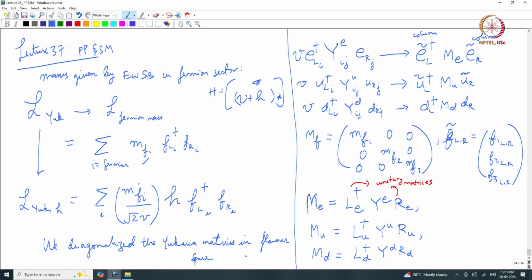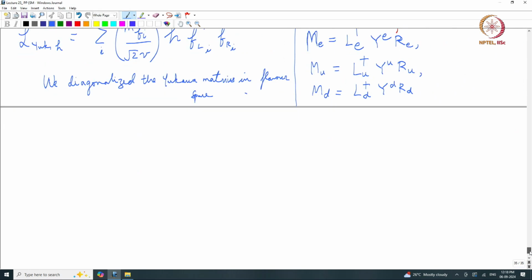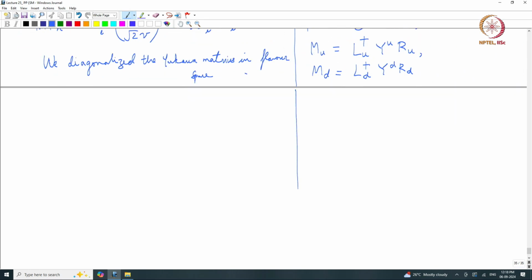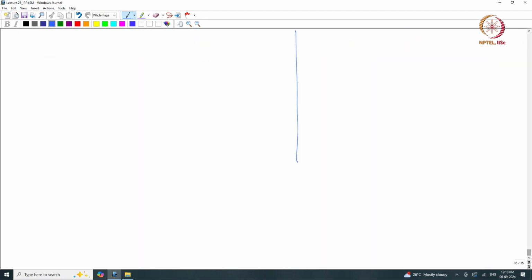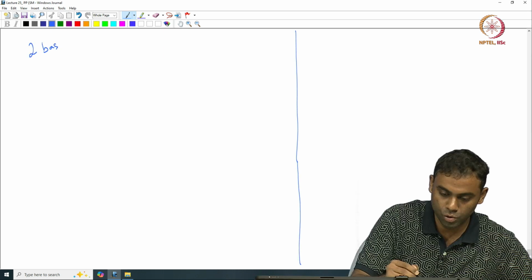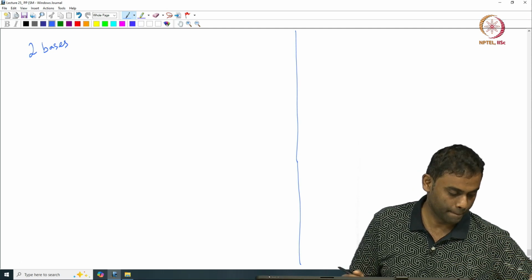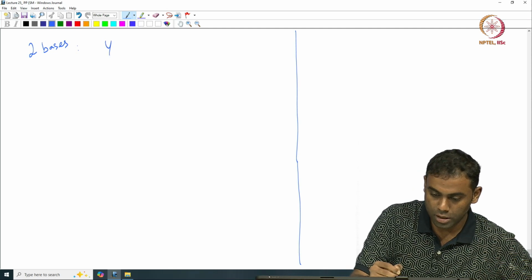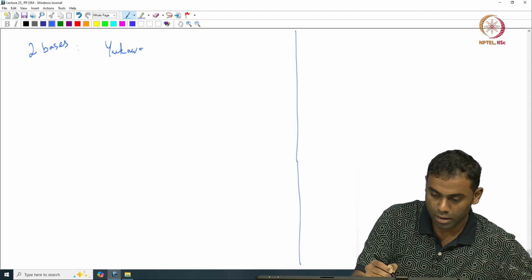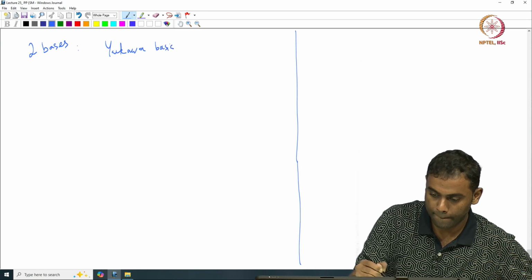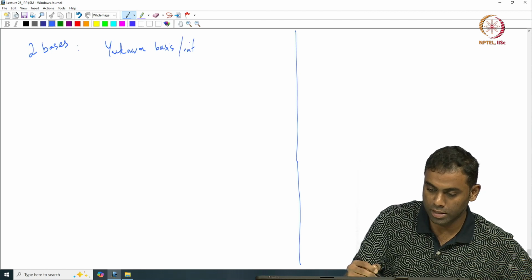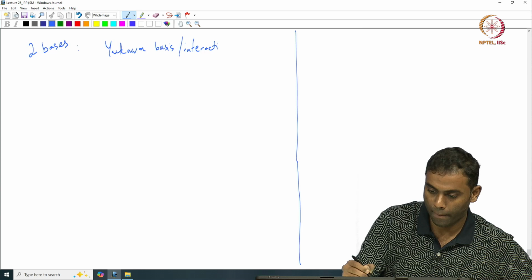Good. Now, that implicitly already tells us that we can measure these fields in two different bases, right, two bases, plural of basis is bases. Okay. One is the Yukawa basis, also I can call this the interaction basis.